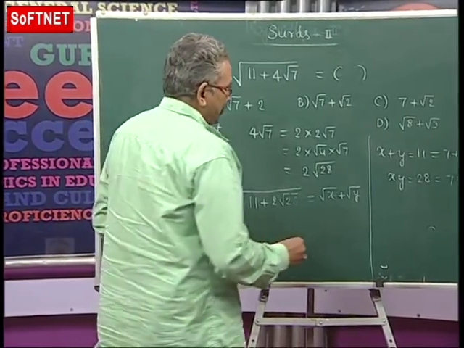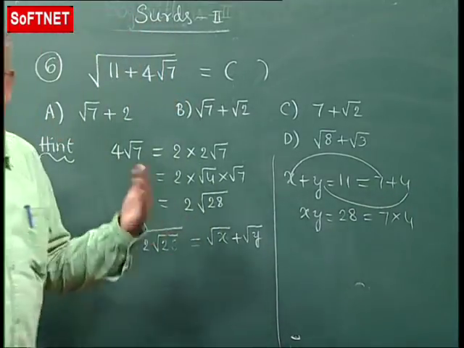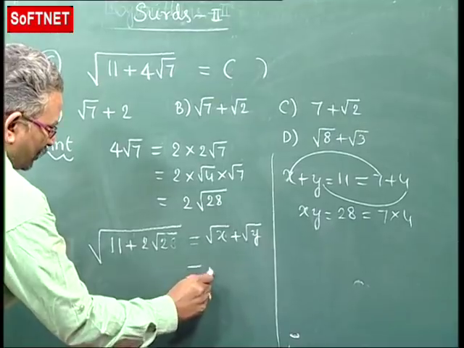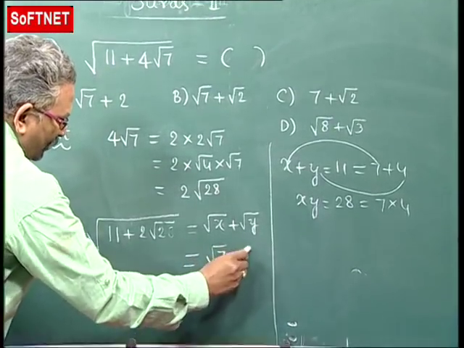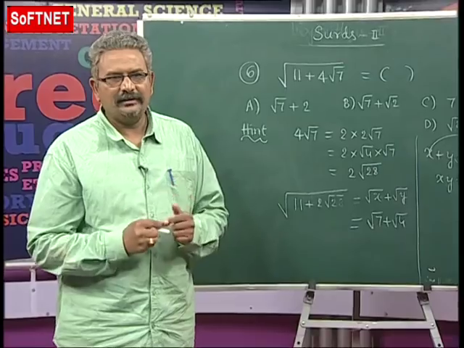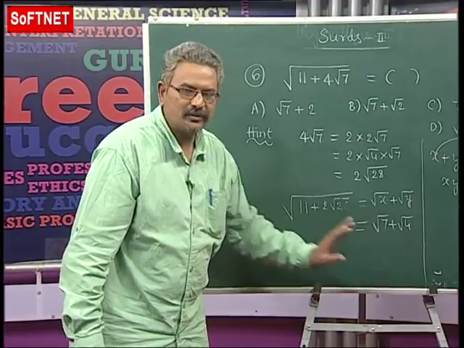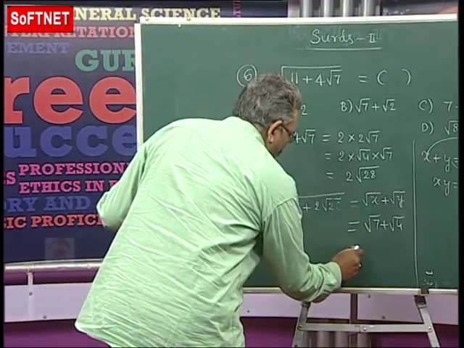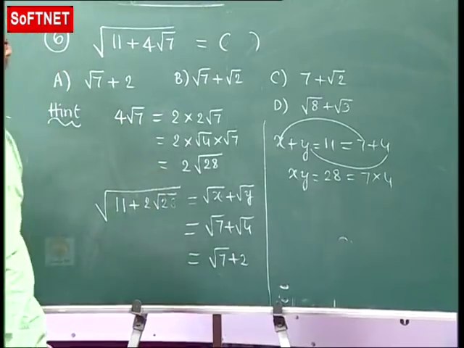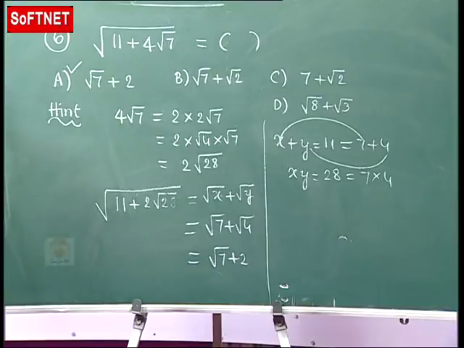Yes, x is 7, y is 4, being x greater than y. So what is the answer? This equals root 7 plus root 4. Can we simplify further? Yes, why not? This root 4 is nothing but 2. So this equals root 7 plus 2. Now A is the right option.